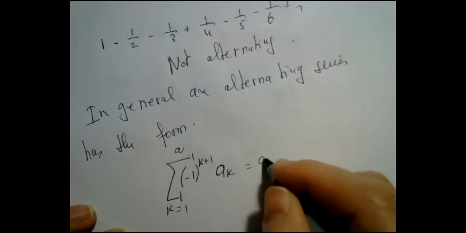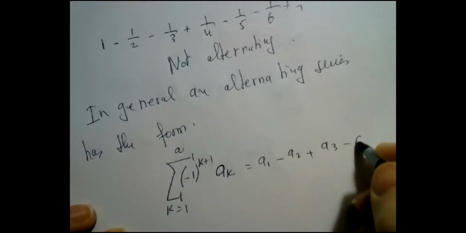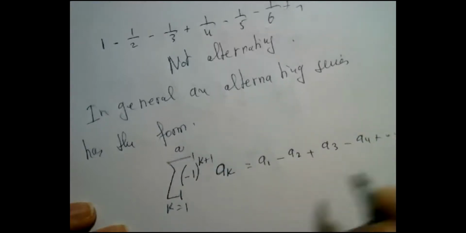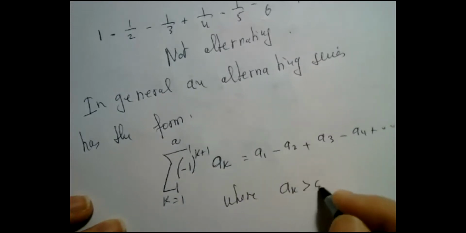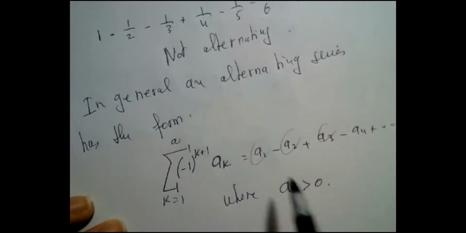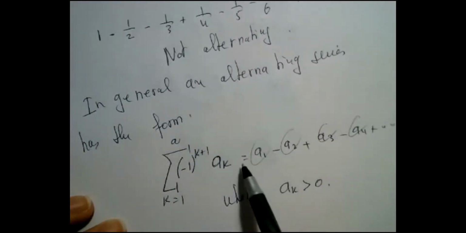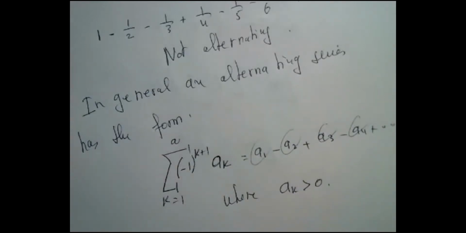It means a1 minus a2 plus a3 minus a4, etc., where the a_k have to be positive. Otherwise it won't alternate, and then plus minus plus minus plus minus. Okay, so that's an alternating series.